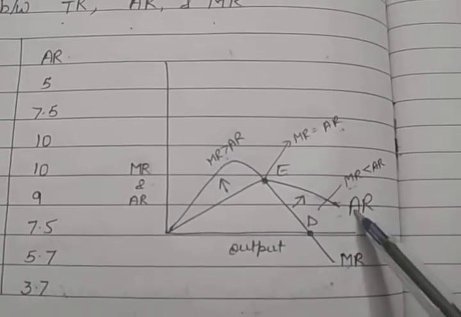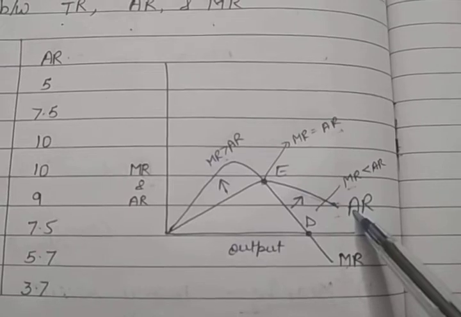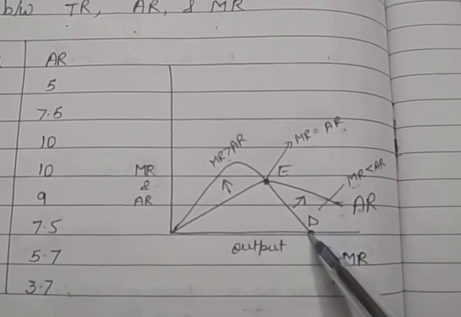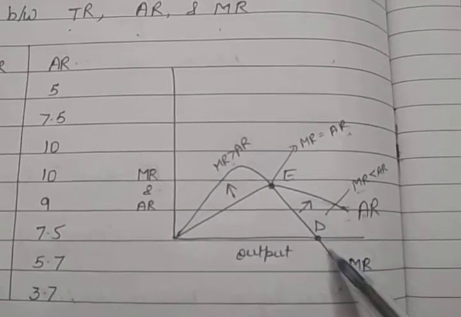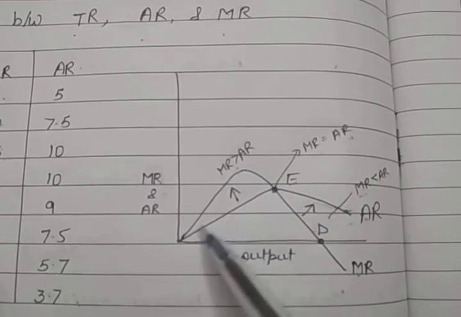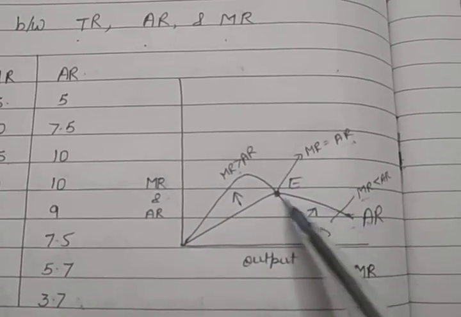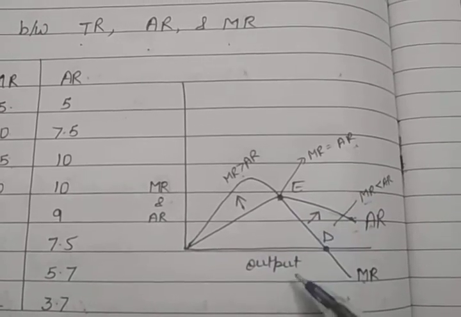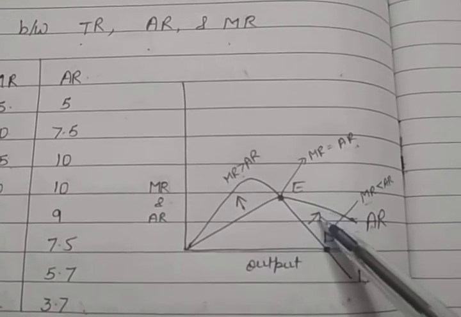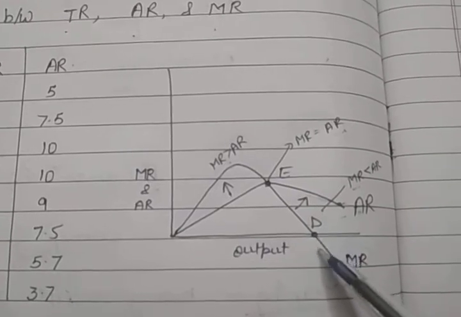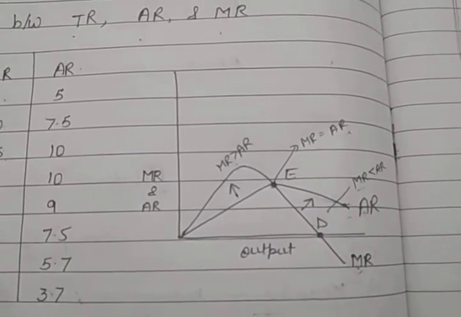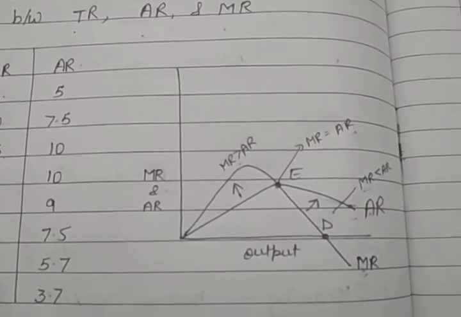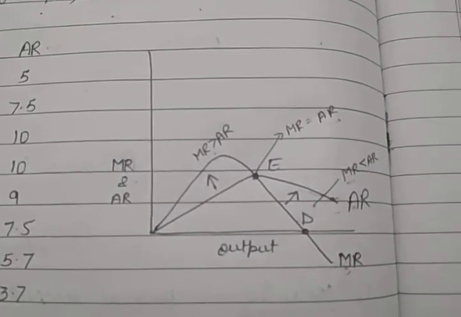And the last relationship is MR can be 0 or can be negative, but AR always remains positive. That is why the AR curve remains above the x-axis, and the MR curve can go below the x-axis also. So this is the relationship between AR and MR.